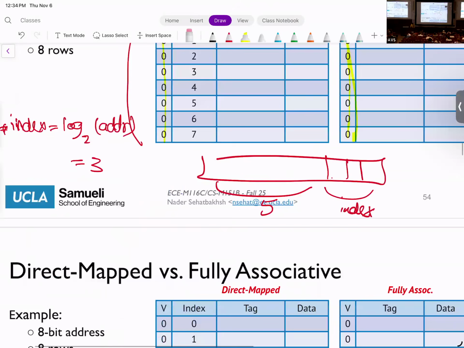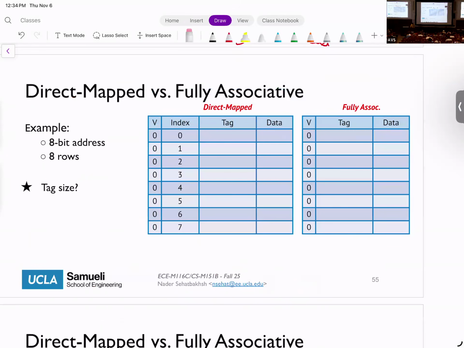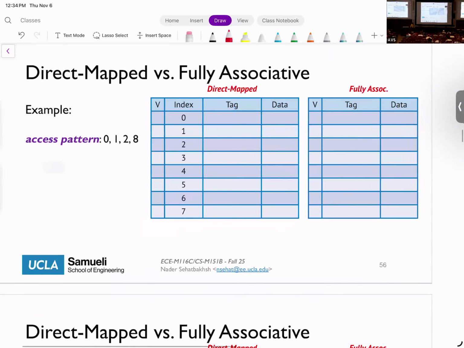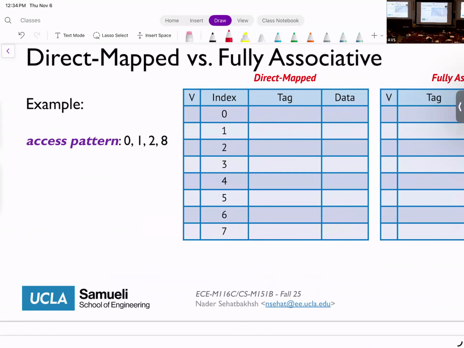So now with this information, we have the tag size. Let's see we have a pattern like this: 0, 1, 2, 8. I'm just showing you in decimal, but you can also translate this into binary, okay? So 0 means that it has 0, 0, 0, 0, 0, 0, 0, 0.